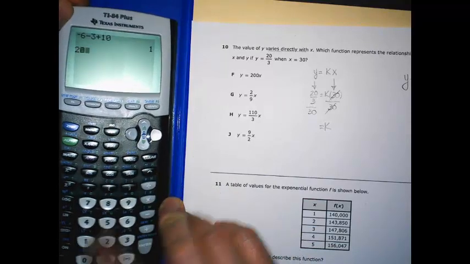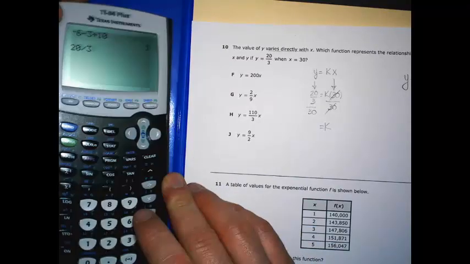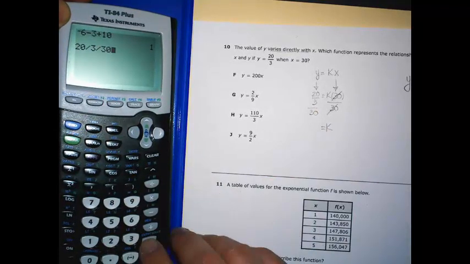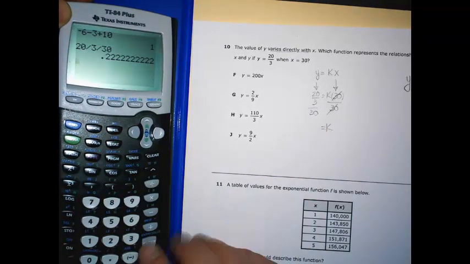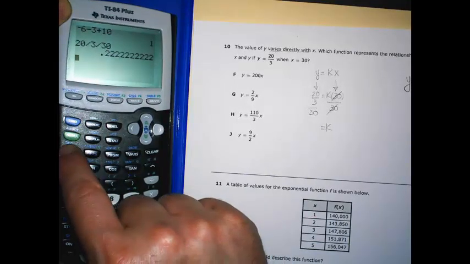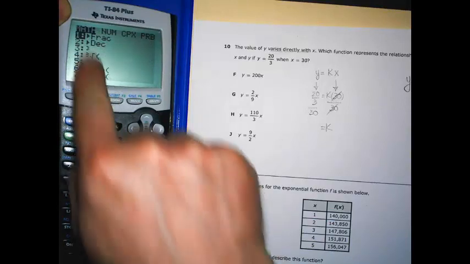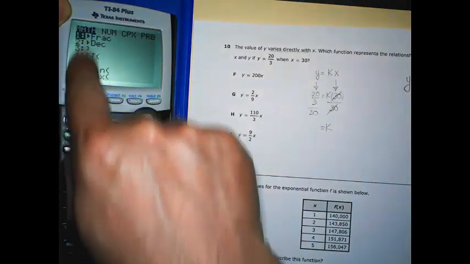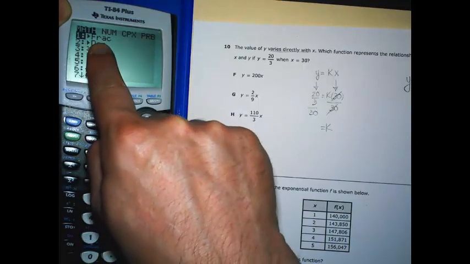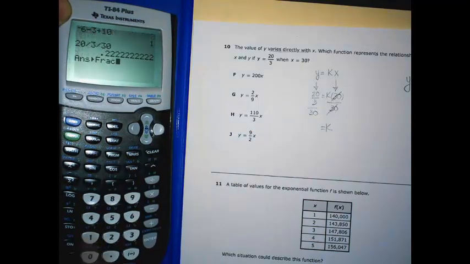You're going to do 20 divided by 3, and then you're going to divide it by, again, 30. The calculator is going to give you a decimal. This is what you're going to do. You press the math button, and you have this list of things that you can do. We want to change something into a fraction, so we're going to select number 1.